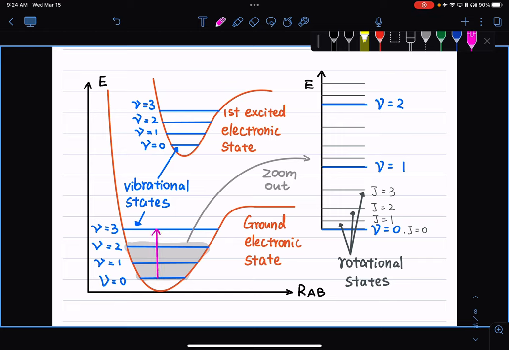All right. And within these vibrational states, within those highlighted gray states, if I zoom out to look at the rotational energy or the rotational state, here the rotational states are denoted by J. You can have different rotational states within each vibrational state.